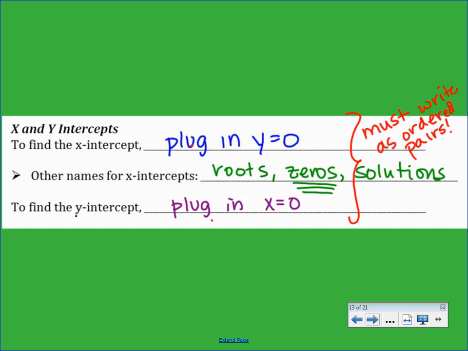You have to write it as a point, as an ordered pair. If the answer was 3, you would write (3, 0). Whatever your x is, 0 for the y. For a y-intercept, the 0 you know is going to be your x number. You're finding the y. Always write them as points, ordered pairs.